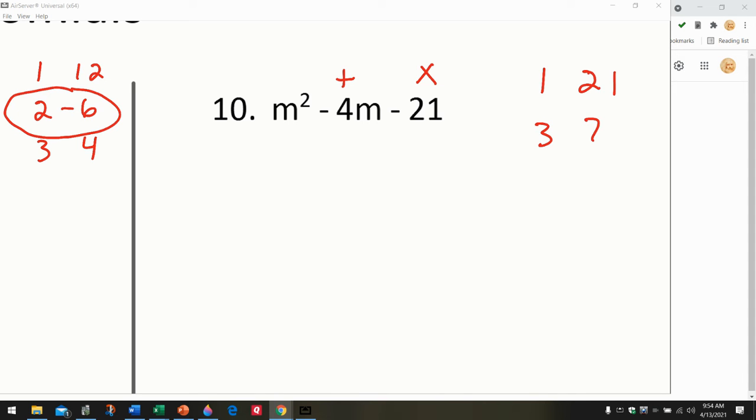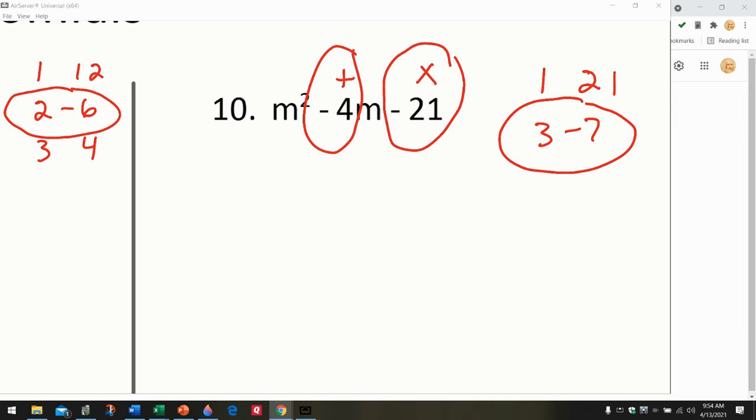And you can see from the pairs, we need them to add to be negative 4, which means we'll have a positive 3 and a negative 7. So 3 times negative 7 is negative 21, and 3 minus 7 is negative 4. So once we found our two numbers, we can go ahead and write our parentheses.